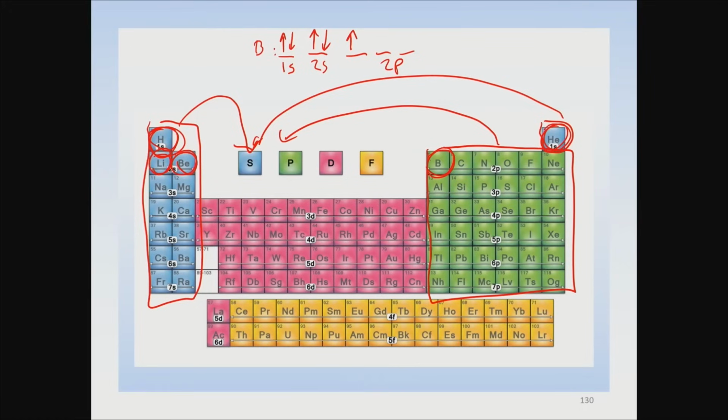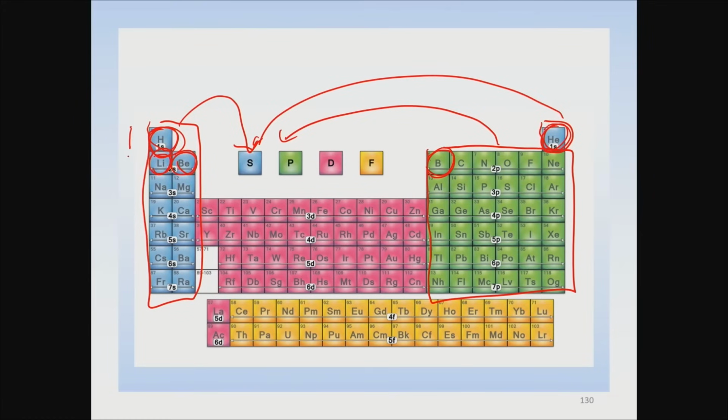Additionally, one other thing you have to understand is what energy level that electron will be in. Let's consider the S sublevel block. The energy level that the last electron will be in is easy to figure out. It has the same value as the period of the element. For example, hydrogen and helium are in the first period, therefore their last electrons will go into the first energy level.